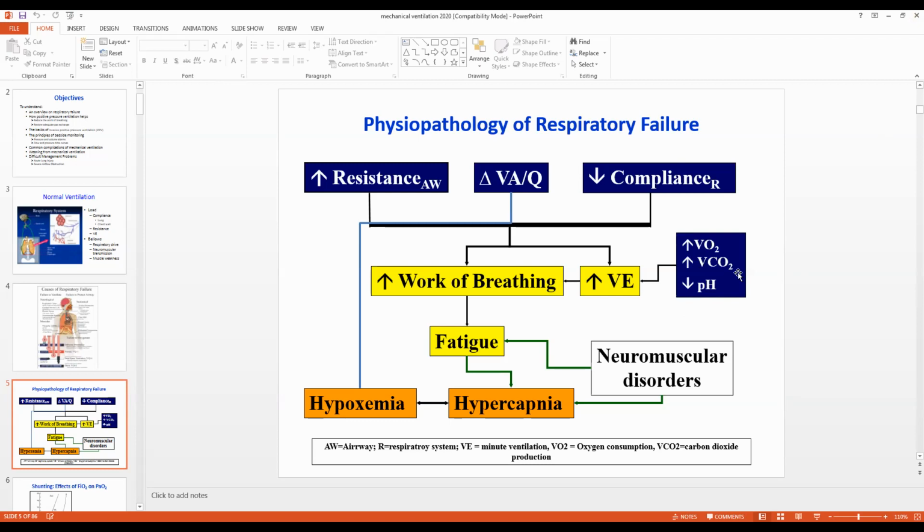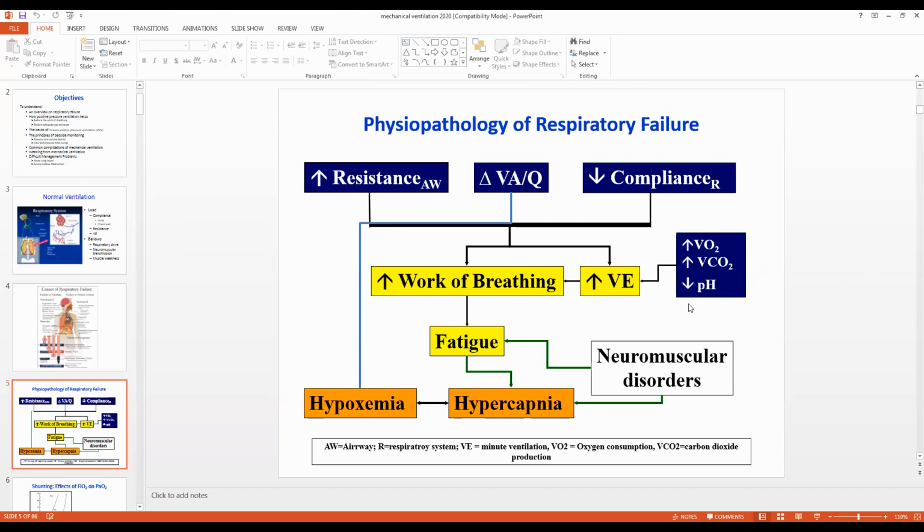Conditions that will increase your carbon dioxide production include seizures, rigors that you're unable to control, toxicity from anything that gives you very high temperatures, things like malignant hyperthermia, serotonin toxicity or serotonin syndrome with some overdoses, and conditions that increase your oxygen consumption, which are similar to what I just said. So these conditions will increase your minute ventilation.